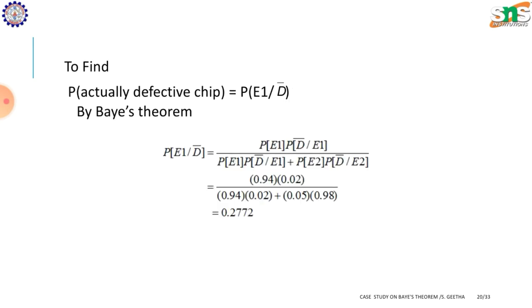Next, we have to find the probability of an actually defective chip, that is P of E1 given D bar. Here we are going to use Bayes theorem.